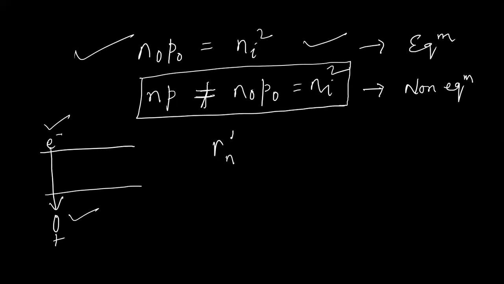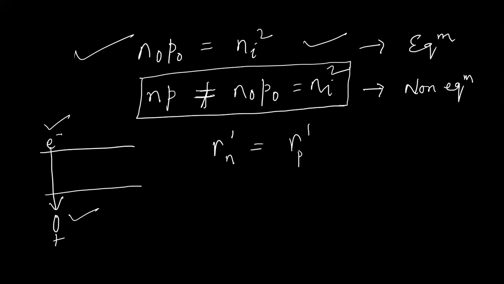Rn prime must be equal to Rp prime. That means the recombination rate of electrons in non-equilibrium must equal the recombination rate of holes in non-equilibrium, the same as we discussed for generation.